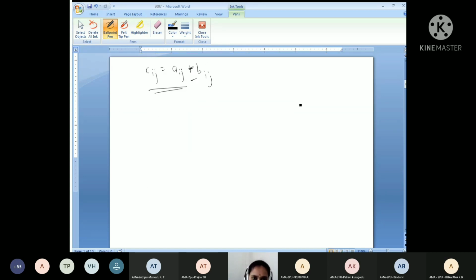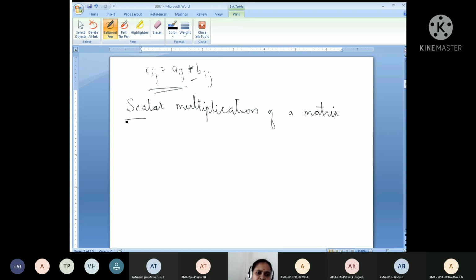I told you one more concept which is most important, that is scalar multiplication. I told you two kinds of multiplication will be there in matrices. So it is scalar multiplication of a matrix. What do you mean by scalar? Tell me. Scalar means a constant here.